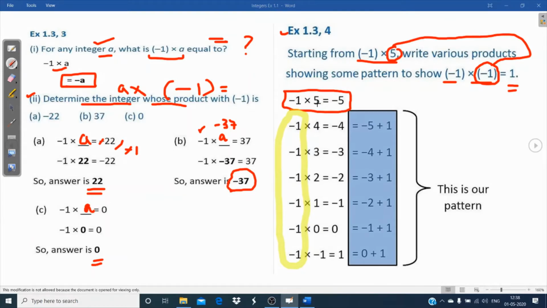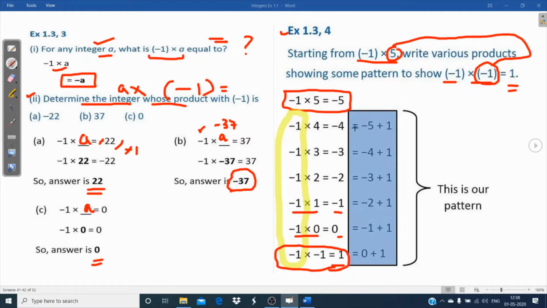Now we are decreasing from 5 to minus 1. So minus 1 into 4, then the integer I've decreased to 3, then 2, 1, 0 and minus 1. So when you multiply minus 1 into 4, minus 4, then minus 3, minus 2, minus 1, 0, then minus 1 into minus 1, what will you get? Plus 1. So this was your final result. Till here we have to reach.